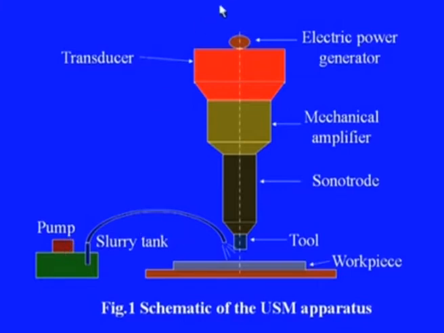Then apart from this, the main structure of this setup is something like this. Here the electrical power will be provided and the transducer will be responsible for converting this electrical power into the mechanical vibration. This mechanical vibration will be further amplified, and this sonotrode will be responsible for coupling this mechanical vibration to the tool tip, and finally we will be observing the net result, that is the mechanical oscillation at this tool tip.